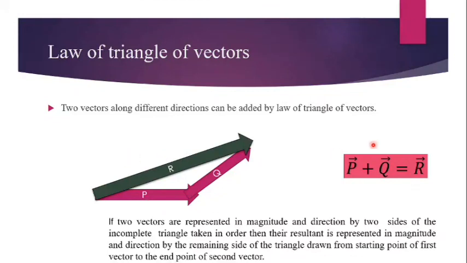That we can see here: P vector plus Q vector is equal to R vector. In this way we can perform the addition here.